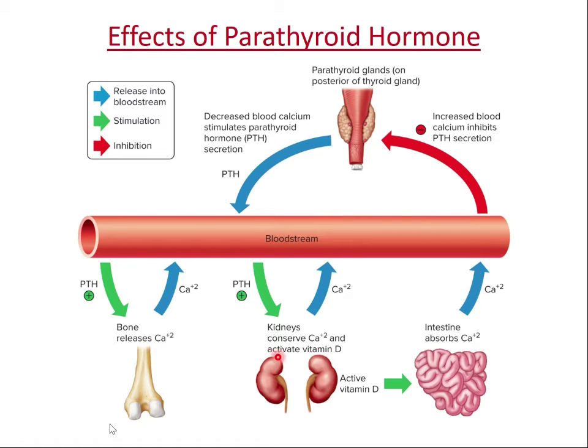It acts on the kidneys also to activate vitamin D and increase the calcium in the bloodstream. Vitamin D also works on the gut to help absorb more calcium from the food we eat and thereby increasing the calcium levels. Once the calcium levels reach a certain concentration, it will have a negative feedback mechanism, stopping the production of parathyroid hormone.